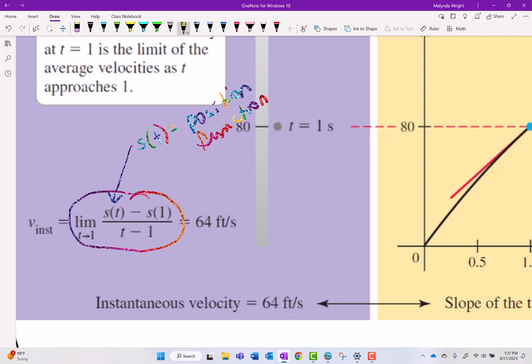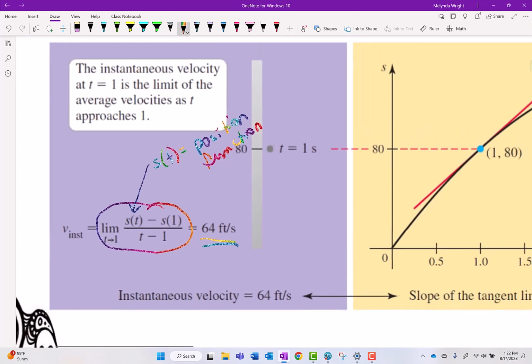What they're doing is the limit as t goes to 1 of s of t minus s of 1 over t minus 1. That's a calculation that we will learn how to do. And in this particular scenario, they got 64 feet per second using the formula. So that is one way to calculate the instantaneous velocity, also known as the slope of the tangent line.